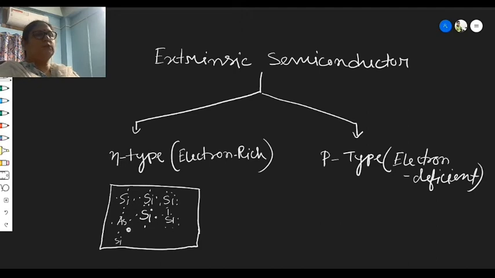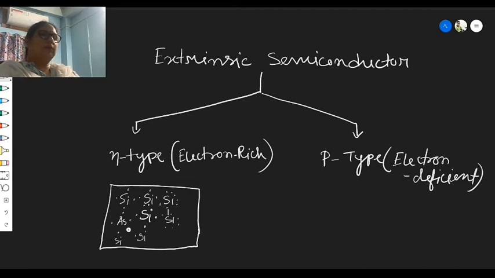It will combine with 4 silicon and form 4 covalent bonds, and another valence electron, say this is the valence electron of arsenic, and now this electron becomes extra in the crystal lattice. This is not combined with any silicon here. So this extra electron will disturb the silicon crystal.